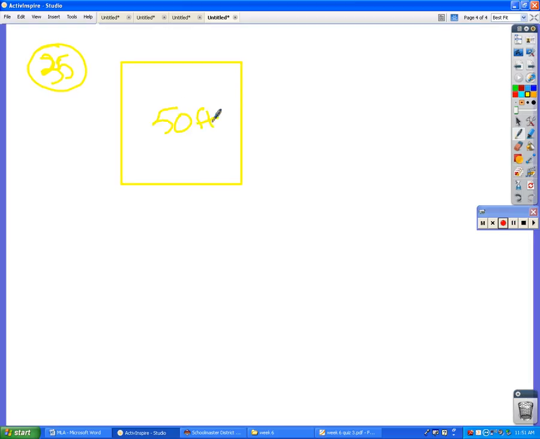I need to figure out what the side lengths are going to be. Since it's a square, that means that x squared equals 50. The square root of 50 is 7.07, which rounds to 7.1 feet.